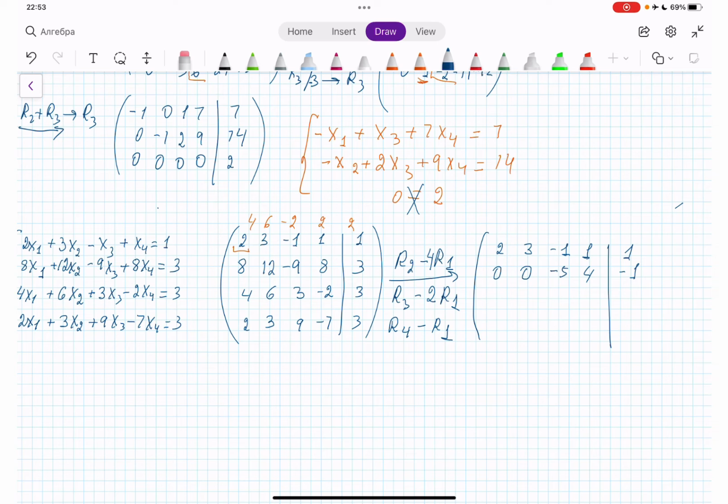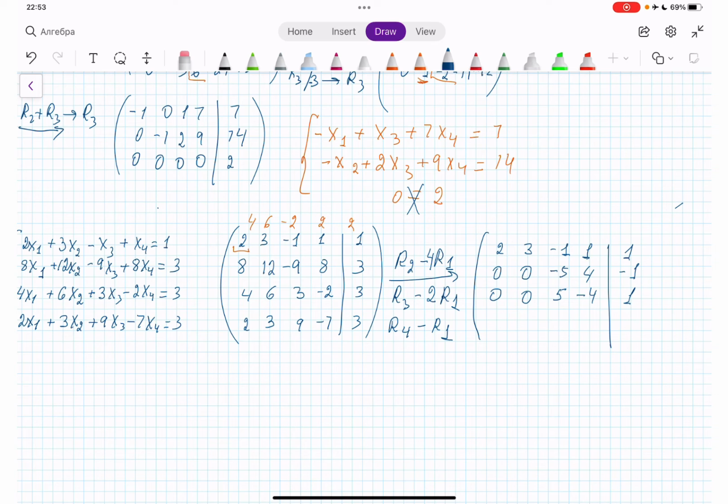What do we get? 4 minus 4 is 0. 6 minus 6 is 0. 3 minus negative 2, it's going to be 3 plus 2 is 5. Negative 2 minus 2, it's going to be negative 4. And 3 minus 2, it's going to be 1.